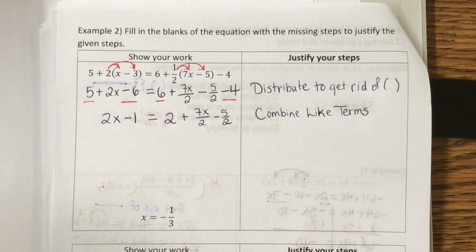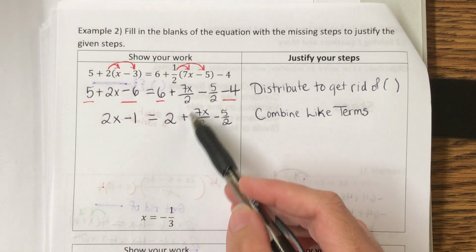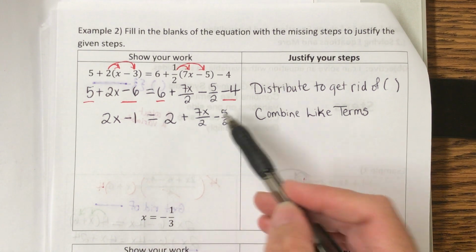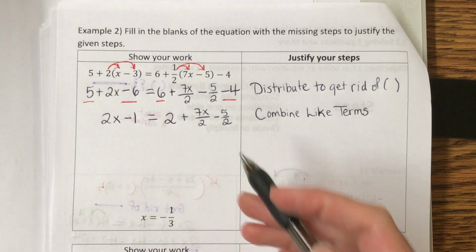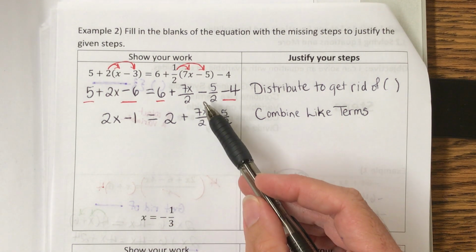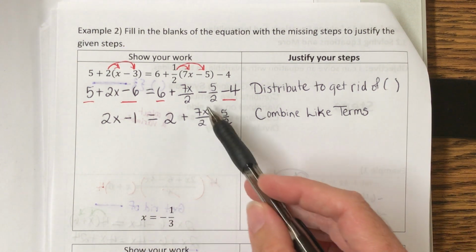Okay, now I'm going to break some rules here. Usually, after we combine like terms, we want to get the variables on the same side. But if you notice, this variable has a fraction attached to it. So every time I want to clean it up and make it as simple as possible. So instead of trying to get the variables together immediately, I'm going to show you here in a second what I'm going to do.